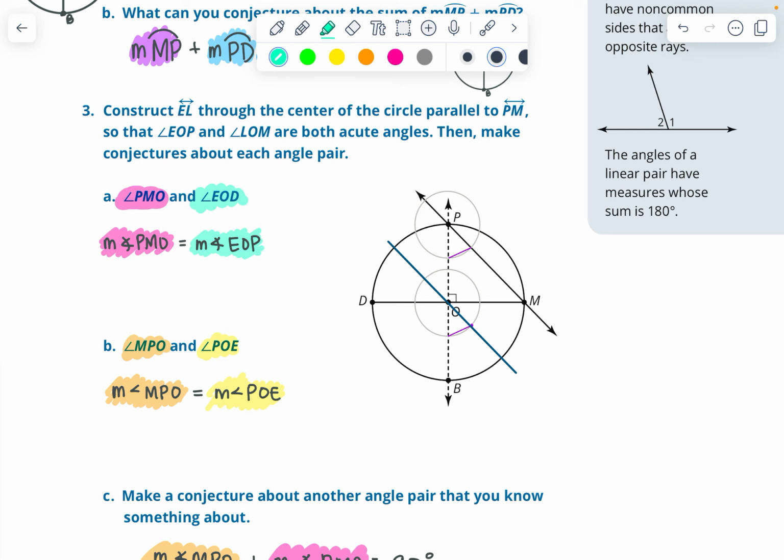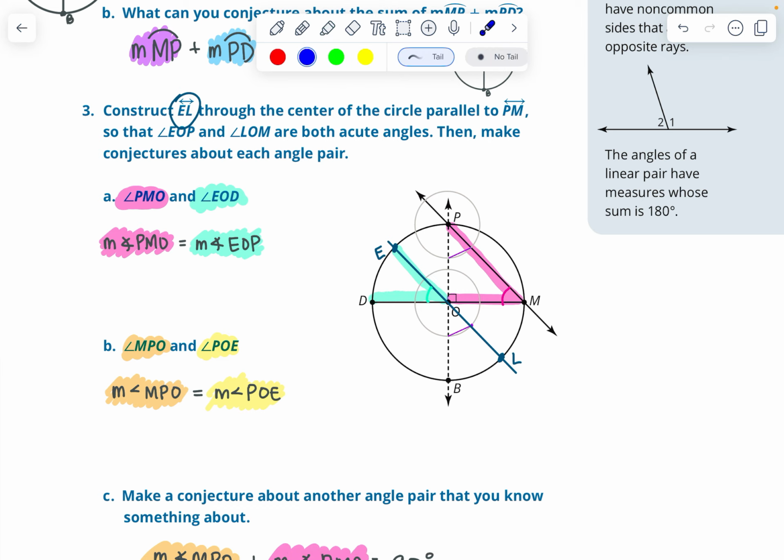This isn't new. All right, so angle PMO, which is this angle here, and EOD, I forgot to label my sides here. So from here, L. And so EOD is that angle there.